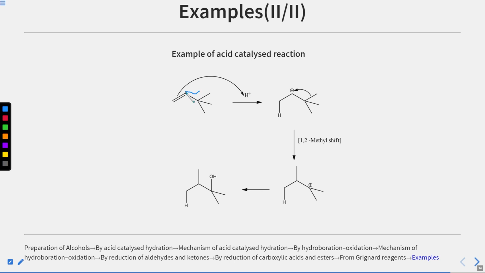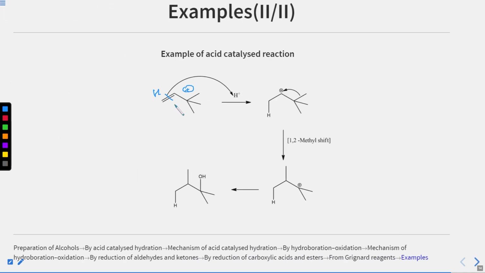Suppose you are given this starting substrate and you are told to do the acid catalyzed reaction of this. So first of all, it is acid catalyzed. This H plus will go here. Now two possibilities occur here. First, this H plus goes here and positive charge occurs on this place, which is being shown here.